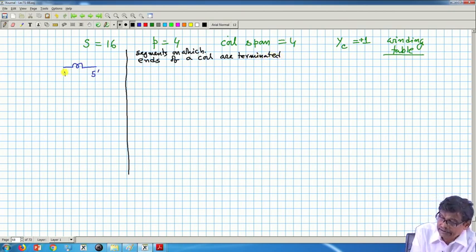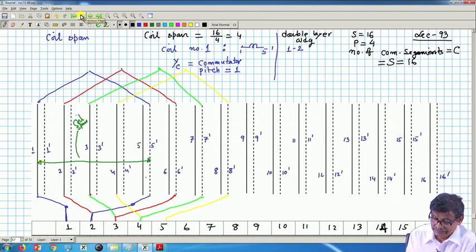So, where this one is terminated at 1, and where 5 dashed is terminated, in commutator segment 2. Go back here. 1 is terminated on 1, then it comes out from 5, but you are bringing it back to commutator segment 2.